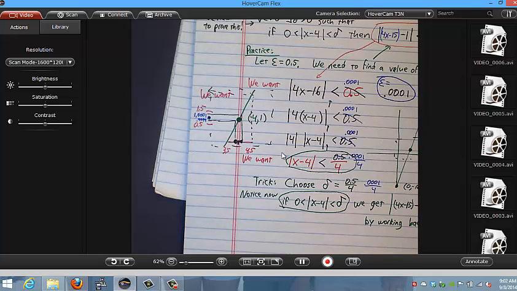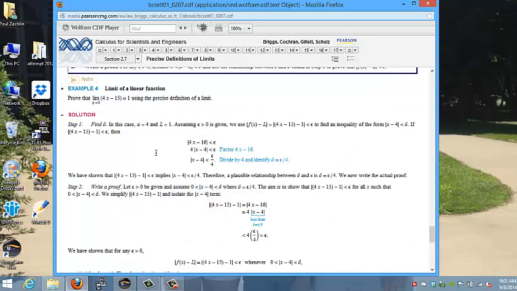Now let's look at the book's argument and see if we can follow it. The book says, hey, we have a equals 4, L equals 1. The absolute value of 4x minus 15 minus 1 is less than epsilon. Looks like this. Factor out the 4, divide.